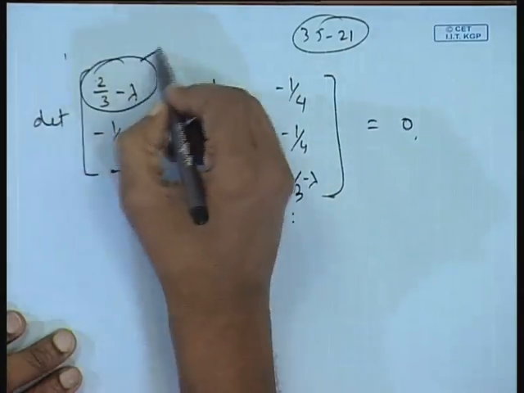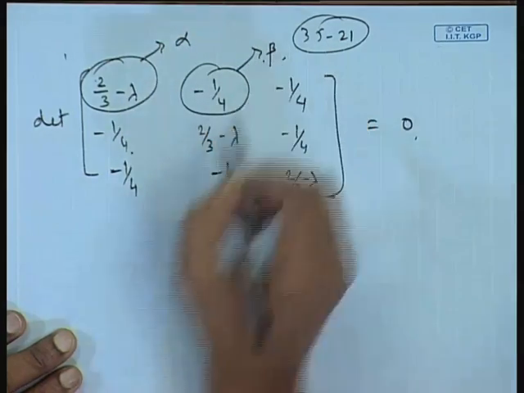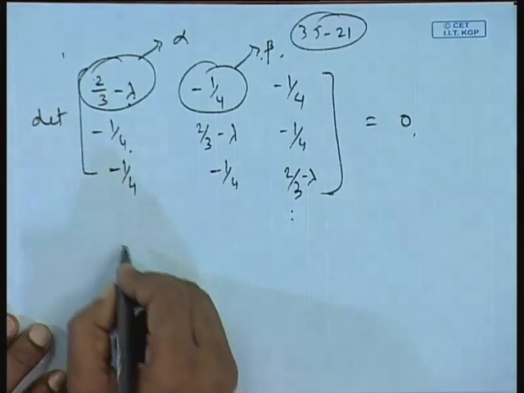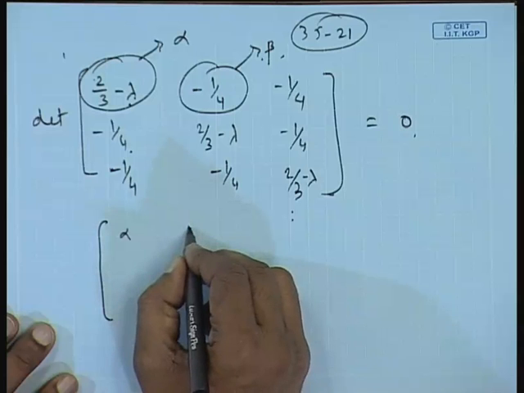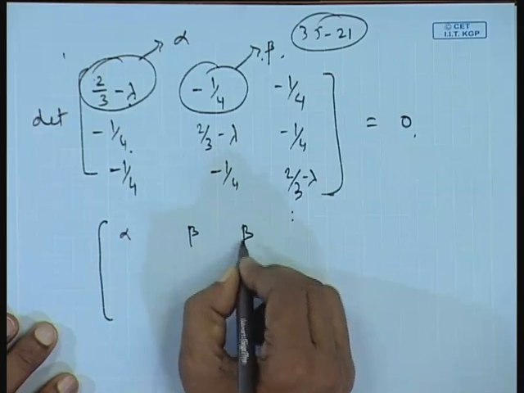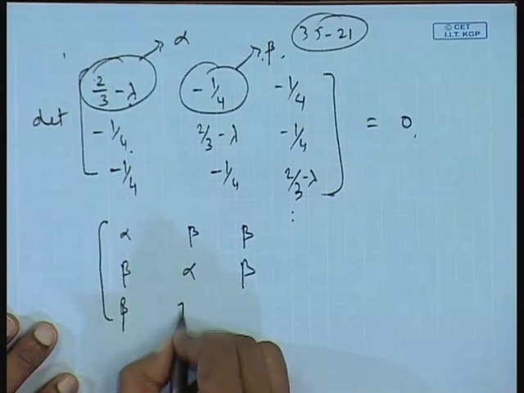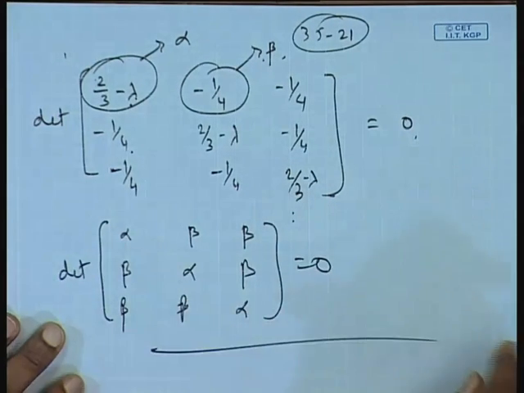So, this quantity we can put as alpha and the quantities present here we can write as beta. So, lambda is already embedded in this. So, we have the matrix now: alpha, beta, beta, then beta, alpha, beta, beta, beta, alpha, and set it to 0, solve it.